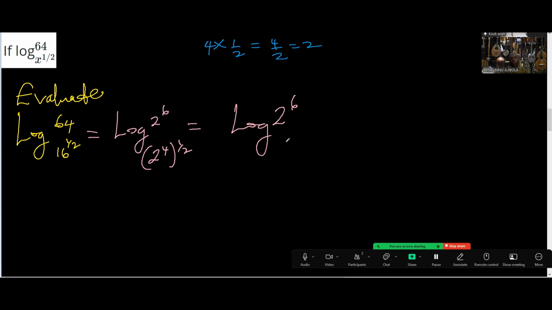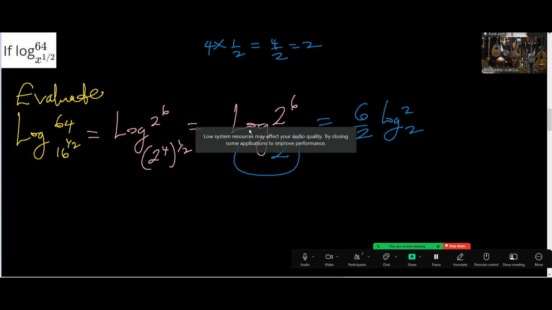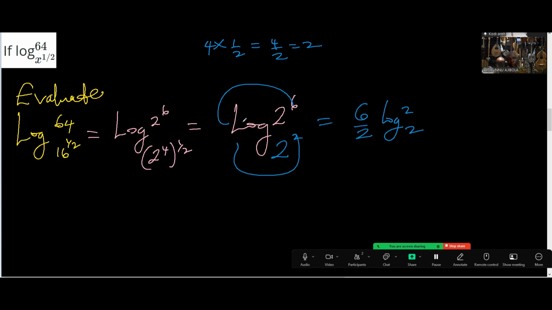So the power is going to be 2 at the bottom. Then both the power of the log and the power of the base are coming to the back. So this is going to be 6 over 2 log 2 base 2. The 2 at the bottom will be at the bottom. The 6 at the top will be at the top, right?